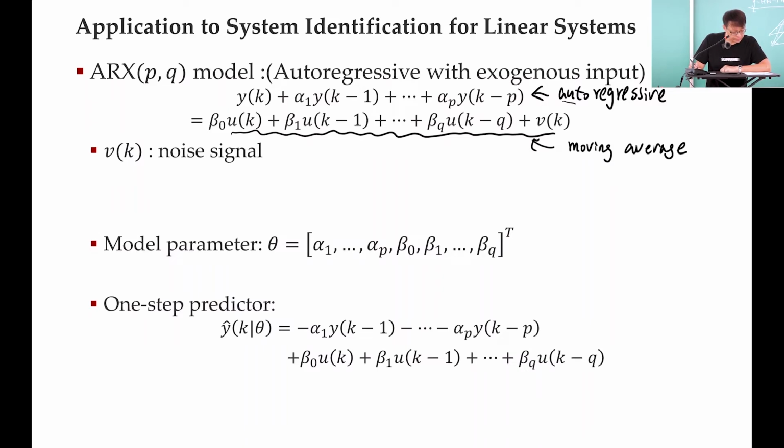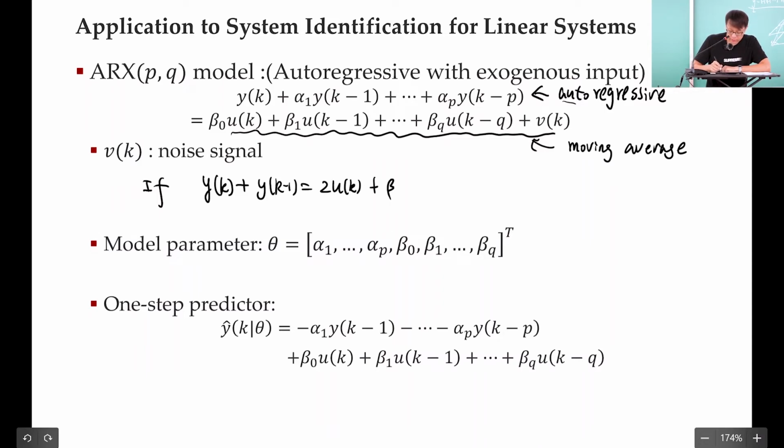Suppose my model is yk plus alpha 1 yk minus 1 equals beta 1 uk minus 1 plus beta 2 uk minus 2. Suppose I have an equation like this. Theta would be what?